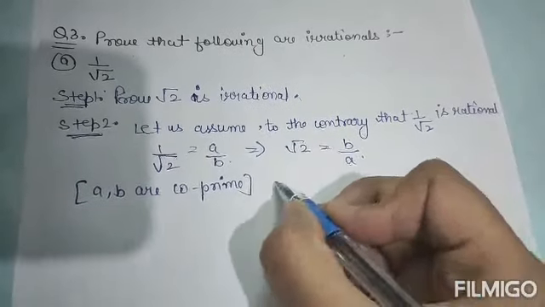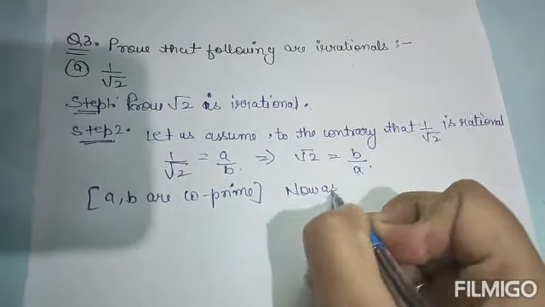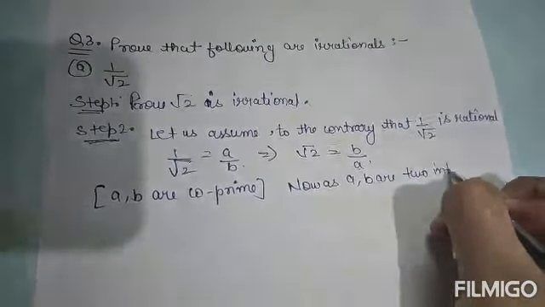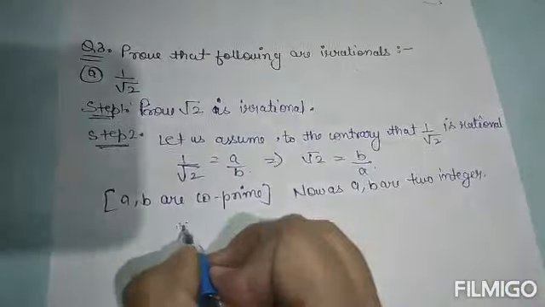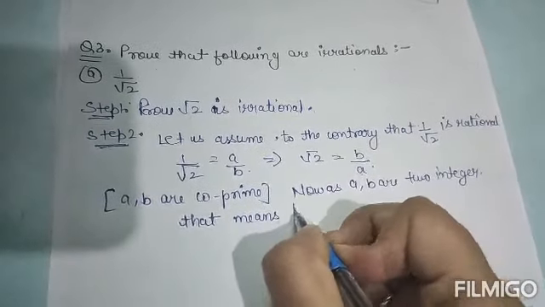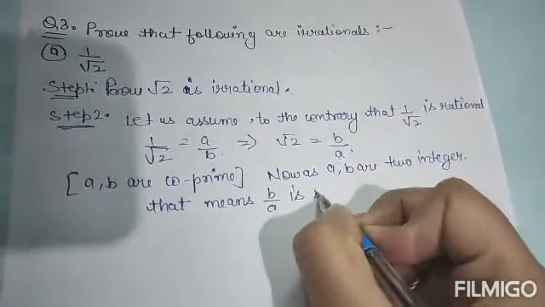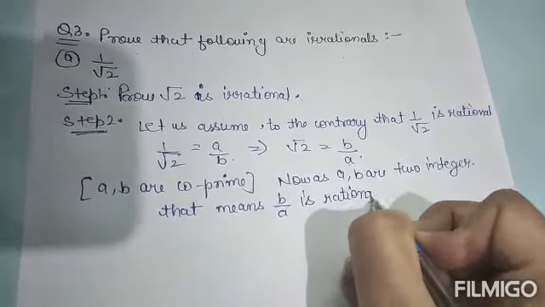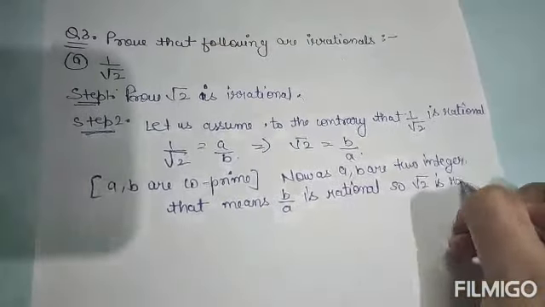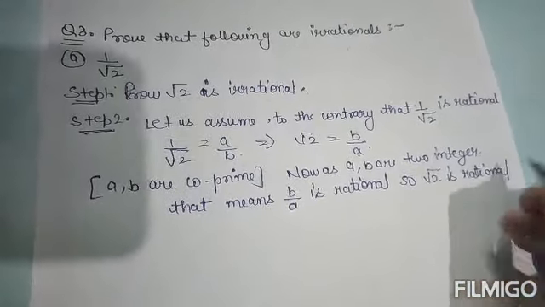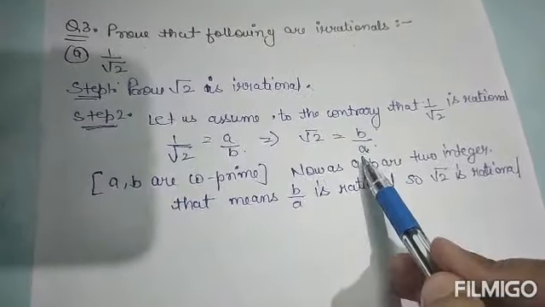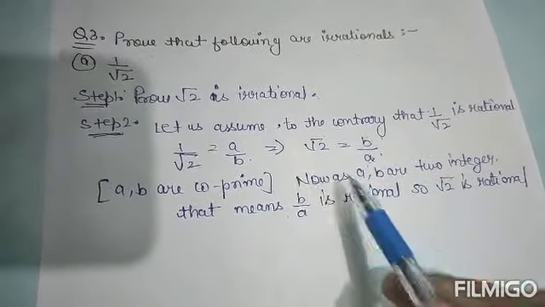Look here, now as a and b are two integers, that means b by a is rational. So root 2 is rational. Both a and b are integers. That means कि अगर कोई भी integer by integer की form में होता है, that means that number is rational.